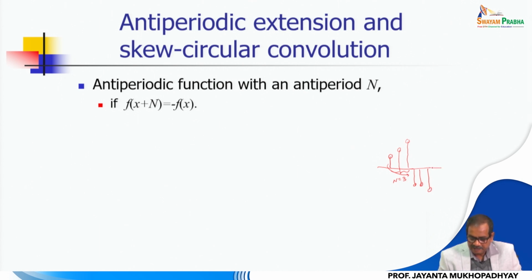Once again, next it will be positive. So you see that it is actually a periodic signal, because this is the period. Twice the length of the antiperiod becomes the length of the period.